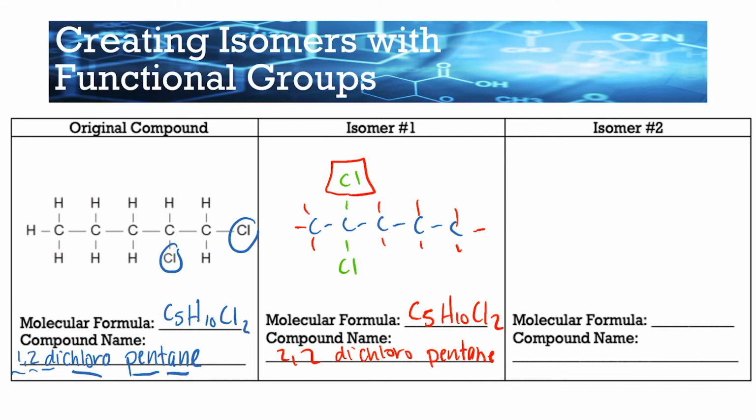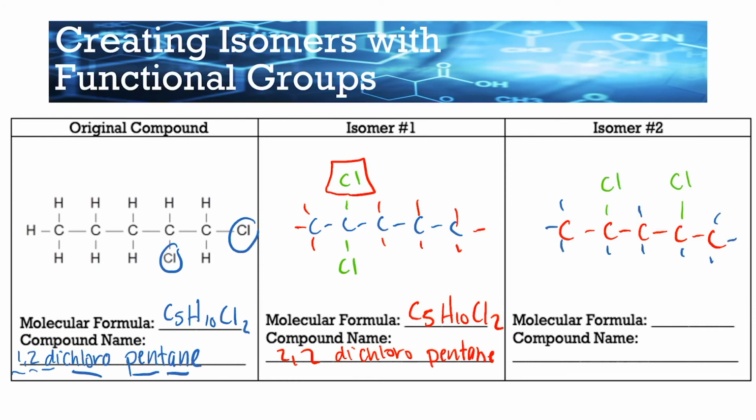Another example, and again, there are a bunch more, but I'm only going to stick with one more. Could be 1, 2, 3, 4, 5. Have your carbon chain there. Chlorine, chlorine, and then these blue dashes will represent the H's.